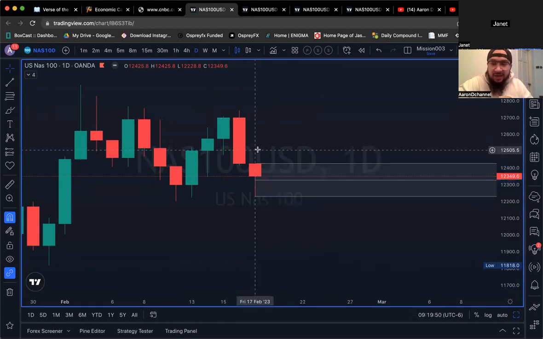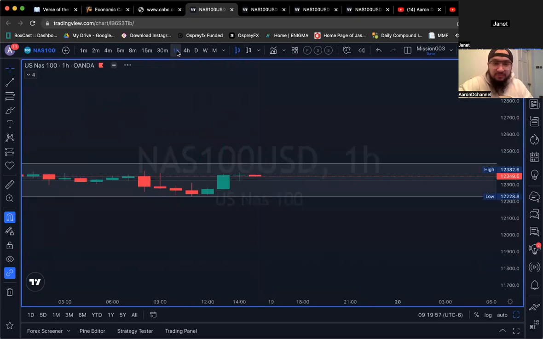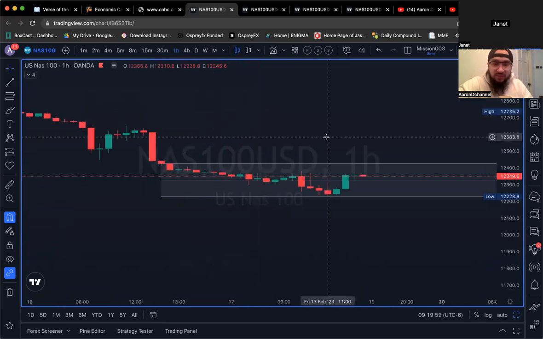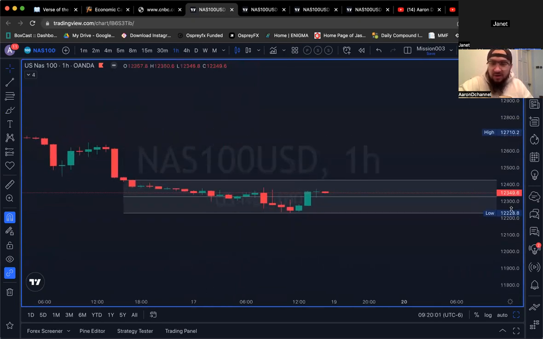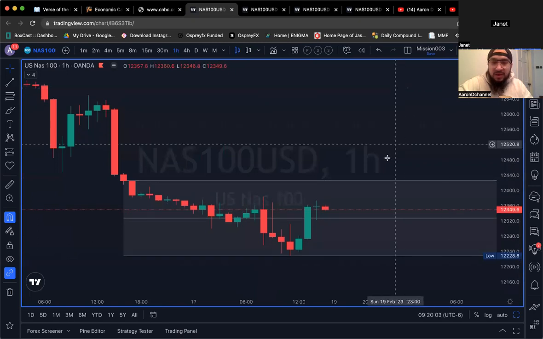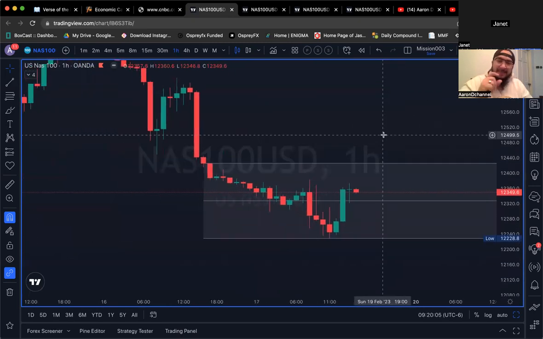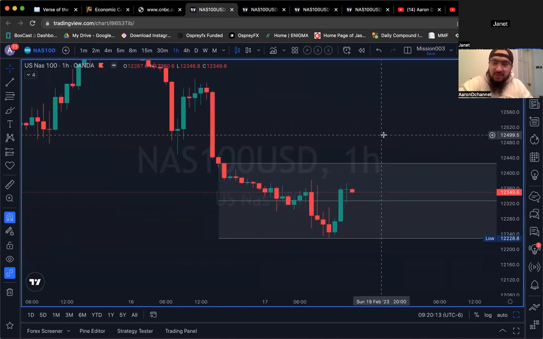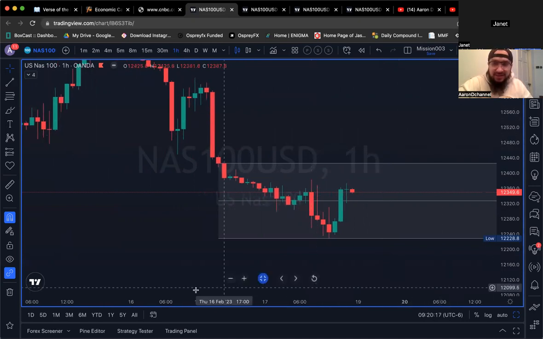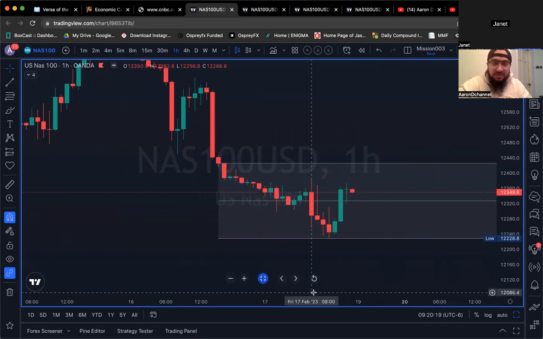So if I were to highlight that one daily candle, all right, and click 1H, now you see 24 candles. All right, so this is one of the ways that we can microscopically know what's happening to the very minute of what the market is doing in terms of two things: price and time. These are important.